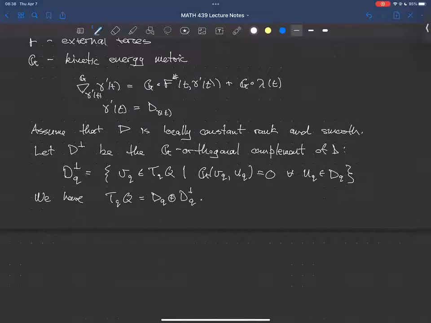so define PD from TQ to TQ, okay? And in each case, I'm going to write TQ as the direct sum. And so I'm going to express every vector in TQ as a vector in D and a vector in D perp.